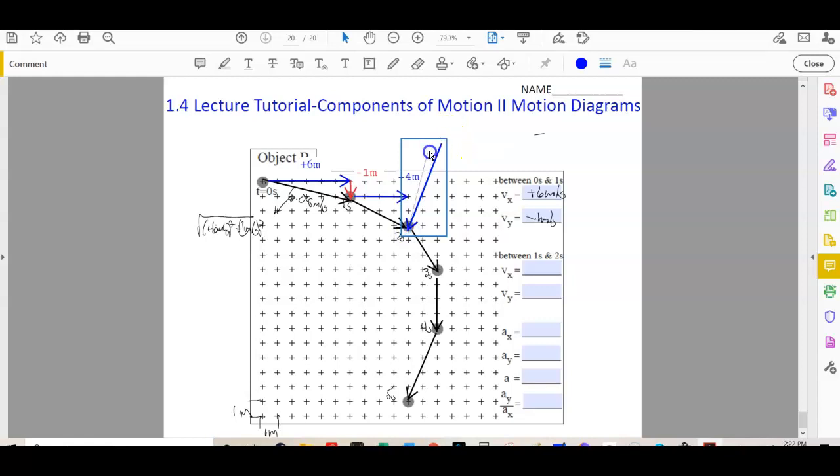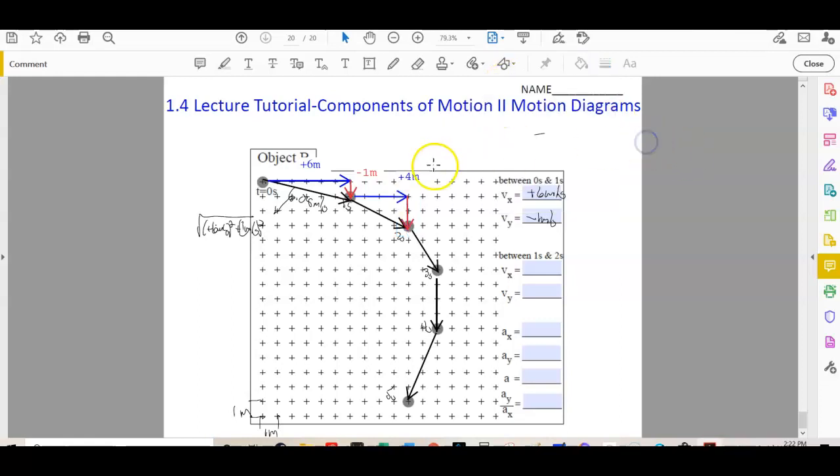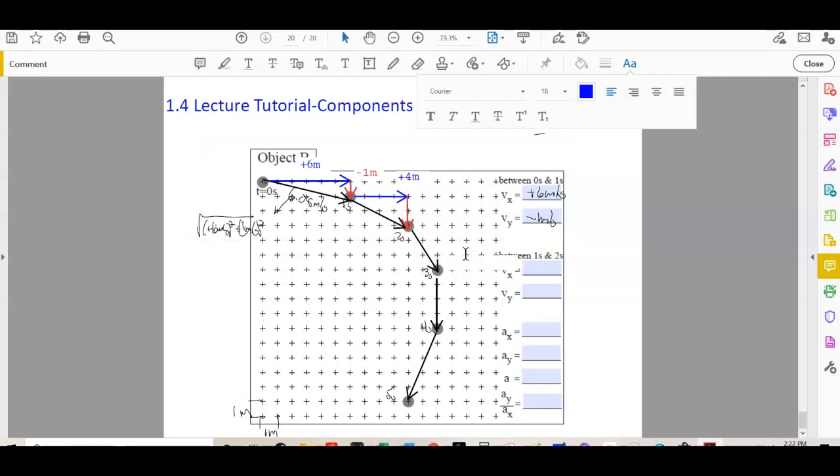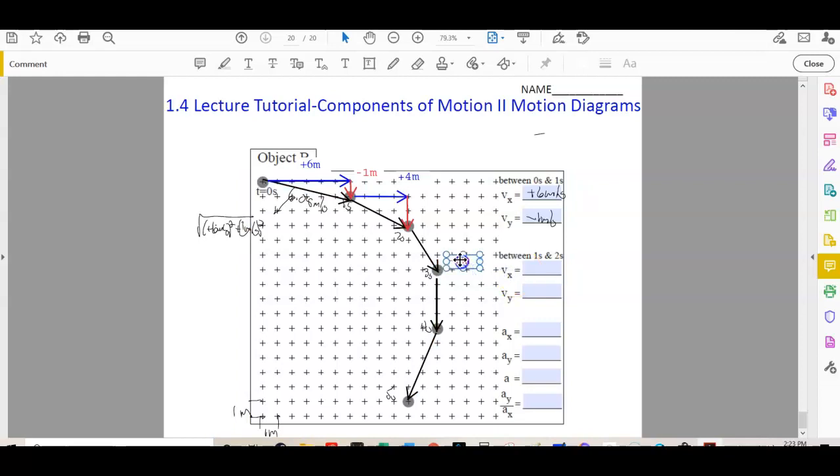And it looks like it's traveling down a displacement of -2 meters in that case. That would be red. So -2 meters. In this next second, right?